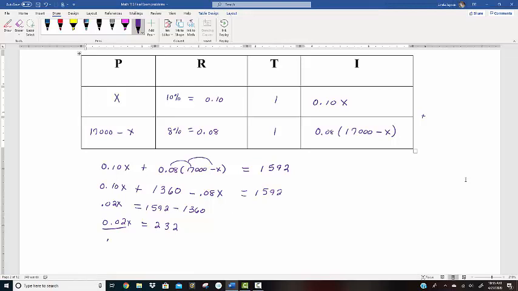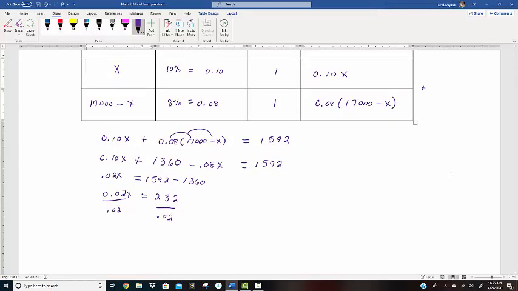Then we want to solve for the x. We're going to divide by 0.02 on both sides. And this one's going to give me x equals 11,600.